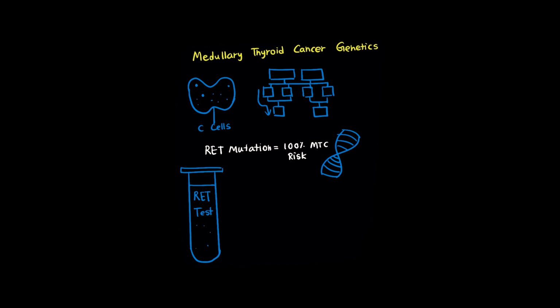This is crucial because prophylactic thyroidectomy in childhood can prevent cancer entirely. The timing of surgery depends on the specific RET mutation type. Without testing and preventive surgery, carriers will inevitably develop cancer. The correct answer is RET testing because identifying this mutation in family members enables life-saving prophylactic thyroidectomy before cancer develops.